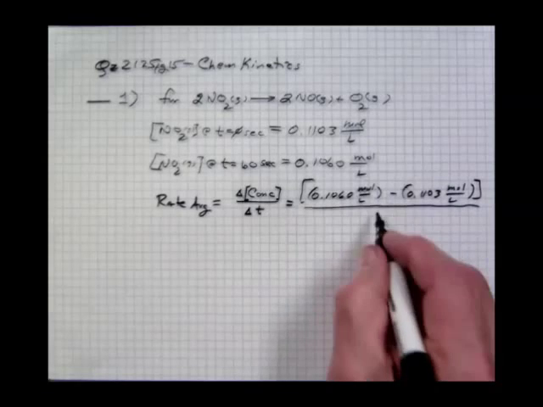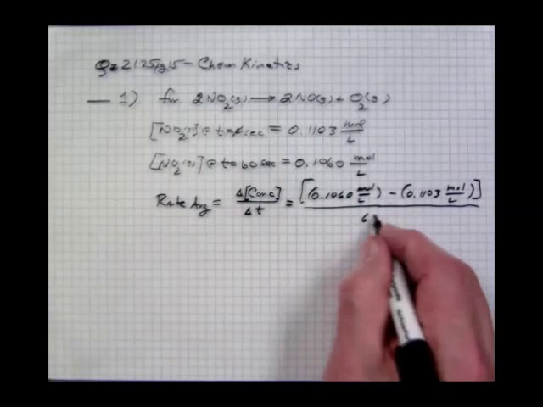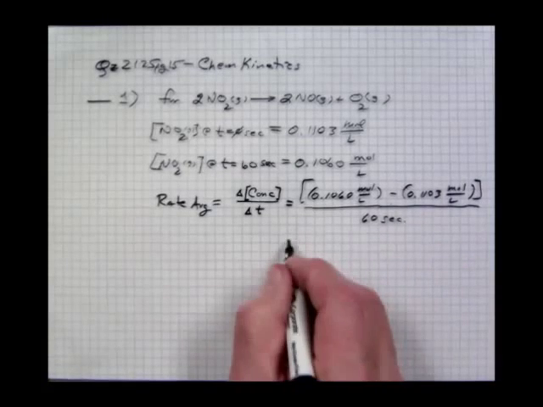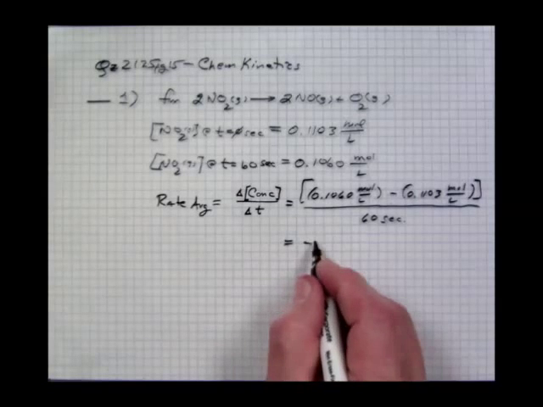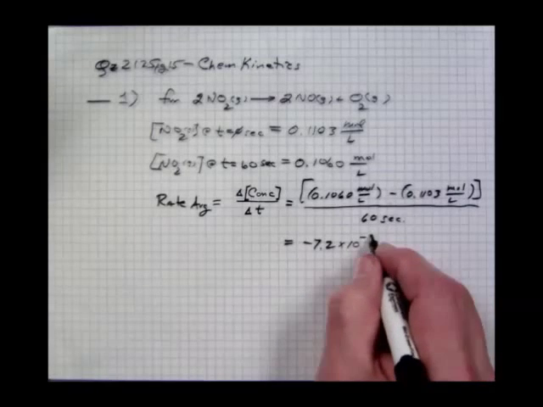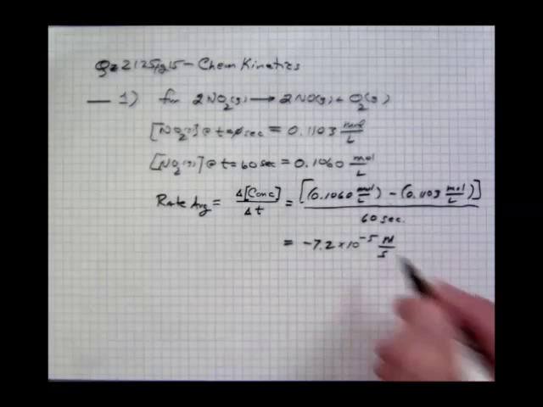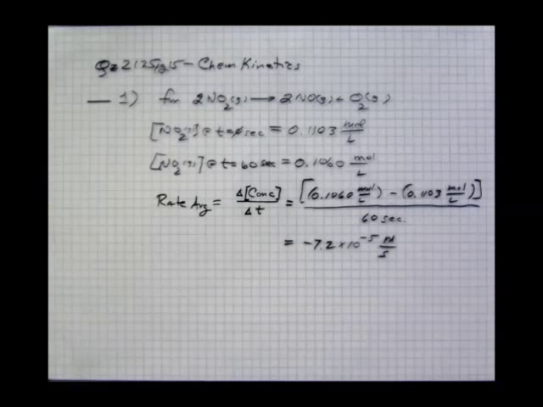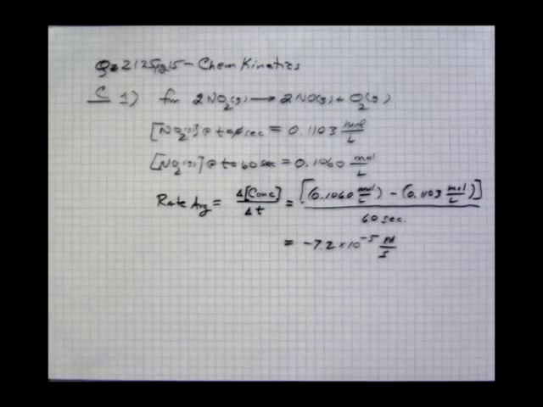Change in concentration, and 60 minus 0 is 60 seconds. And to save us some time, I got minus 7.2 times 10 to the minus 5 molar per second as the rate average, and that is C choice for those keeping score.